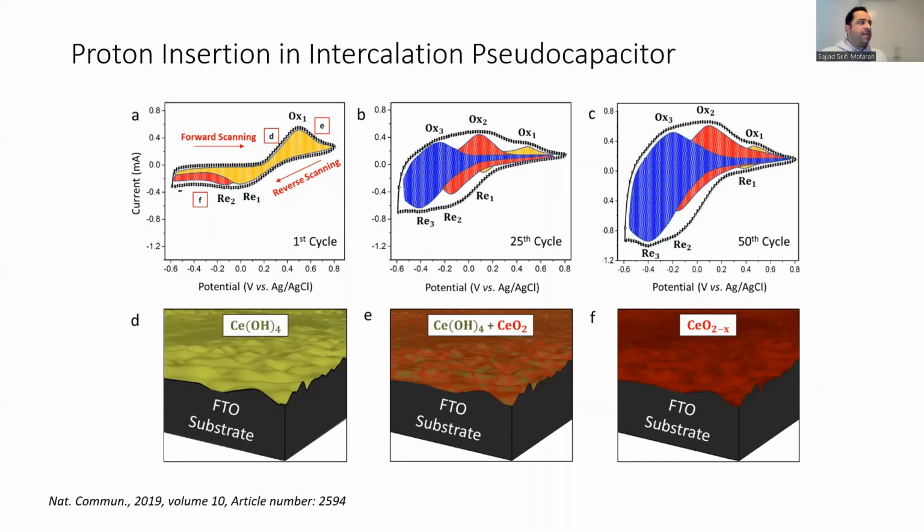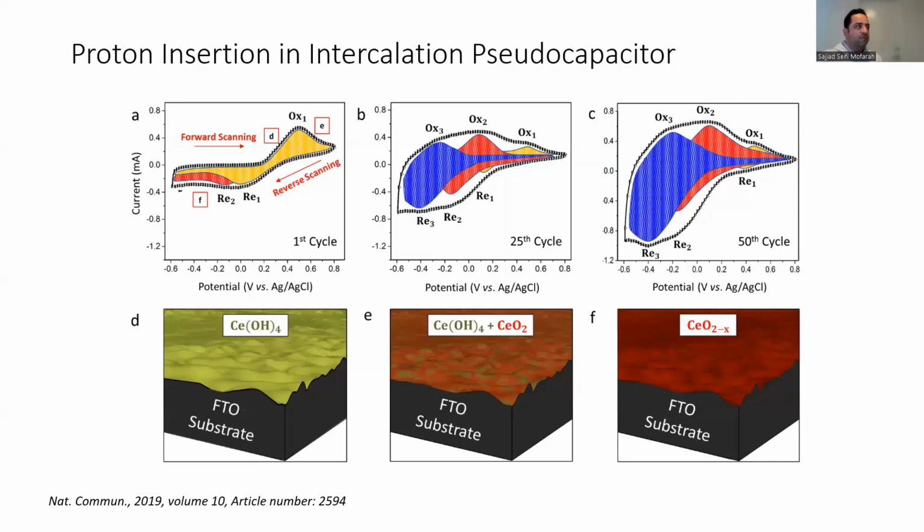But once we actually did cyclic voltammetry in aqueous solutions, under very specific electrochemical conditions, we got one peak in the oxidation part and two peaks in the reduction part.